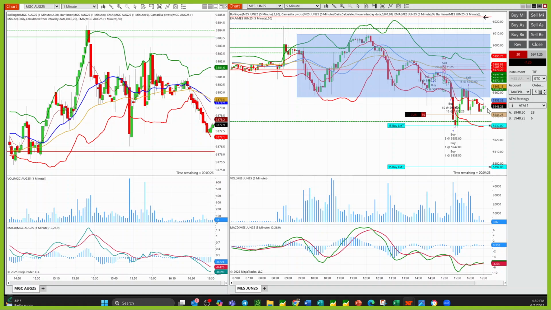As long as this stays below resistance, the trade is still in play, regardless of whether I'm down or not. Still in play. But it's really, really simple. You don't have to guess. The price action tells you where you need to stay out and when you need to stay out.